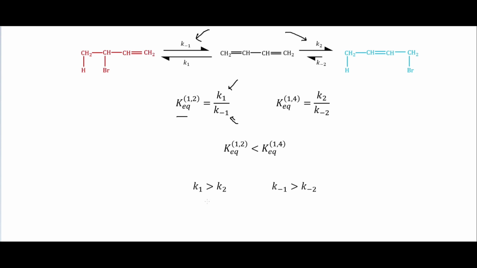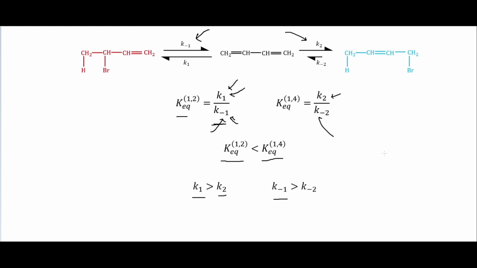And we see that since K1 is greater than K2, this does have a larger numerator than this one, but then K-1 is also a lot larger than K-2, so this also has a much larger denominator. And so our Keq for 1,2 addition is going to be smaller than our Keq for the 1,4 addition.